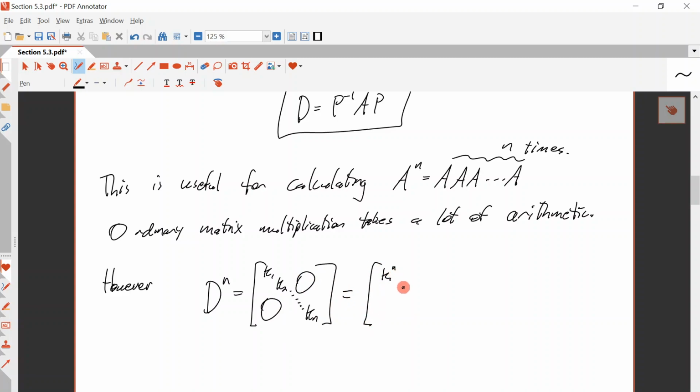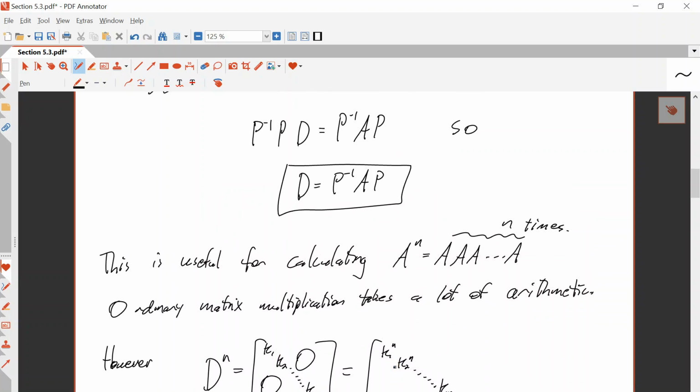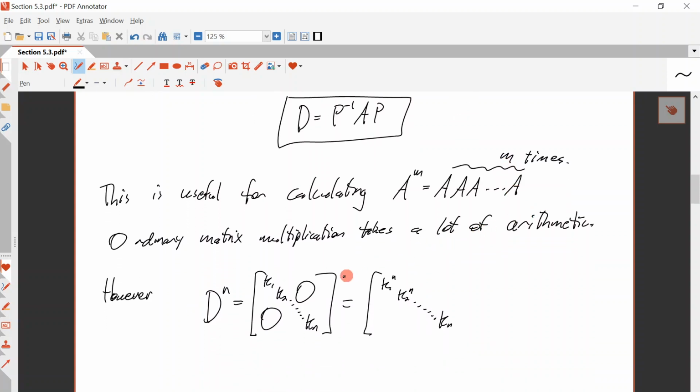That's just k1 to the m, k2 to the m, kn to the m, which doesn't require any matrix multiplication at all.